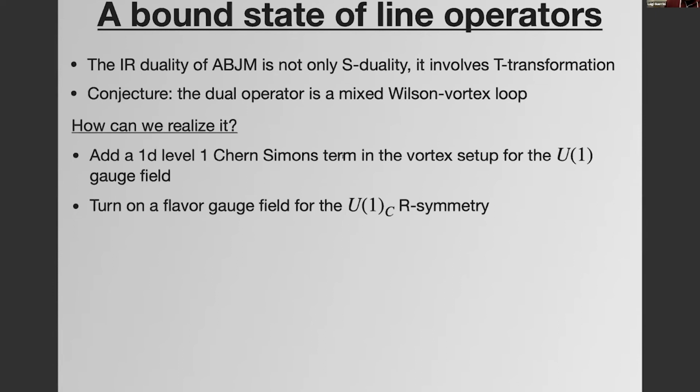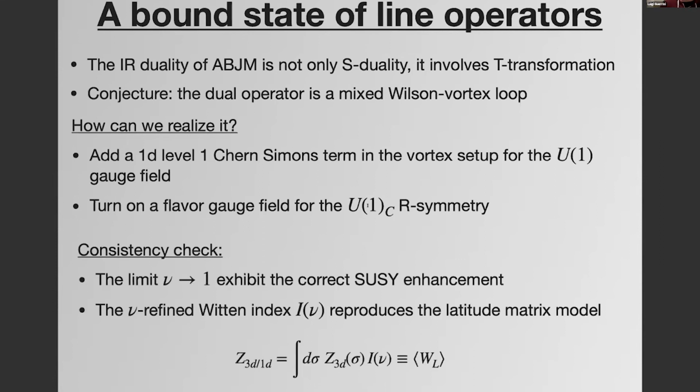In this way, we break the N=4 supersymmetry of the Assel-Gomis setup to N=2, but we still have conformal invariance, and this is broken by turning on a flavor gauge field for the U(1) R-symmetry proportional to nu. As a consistency check, we have shown that as nu goes to 1, this mixed Wilson vortex loop is the only one reproducing the correct enhancement of supersymmetry.